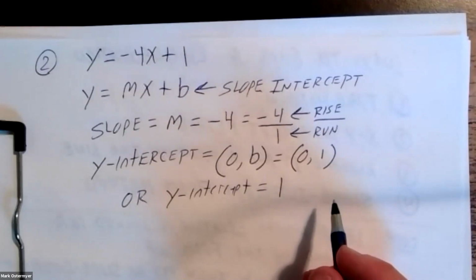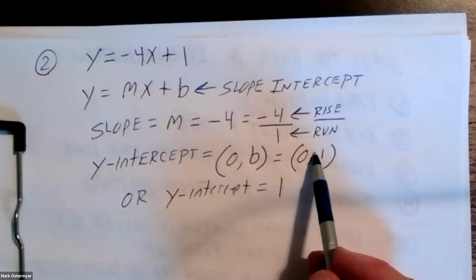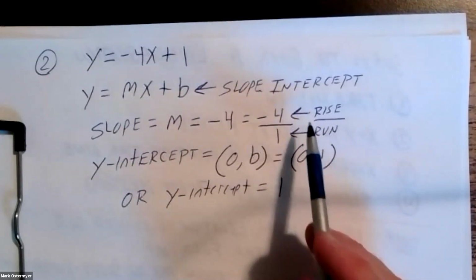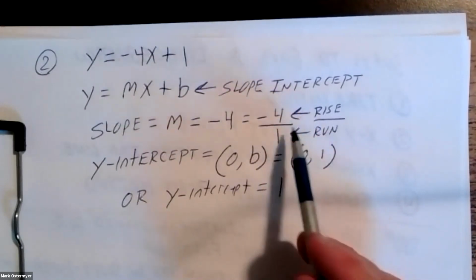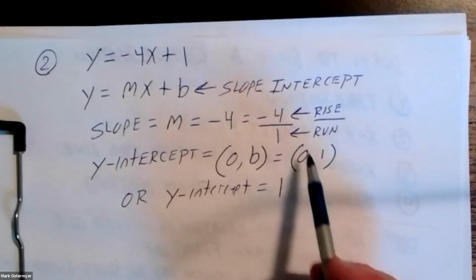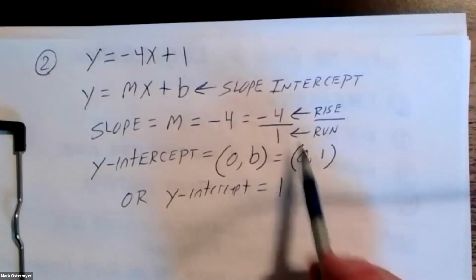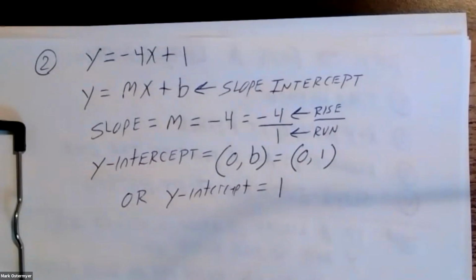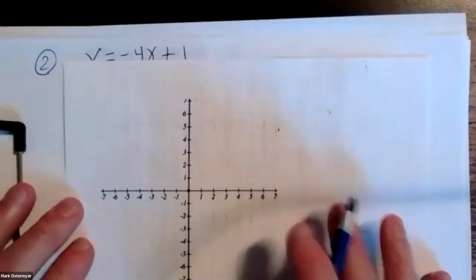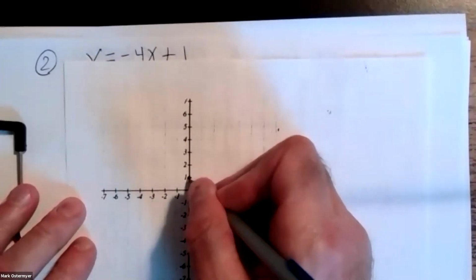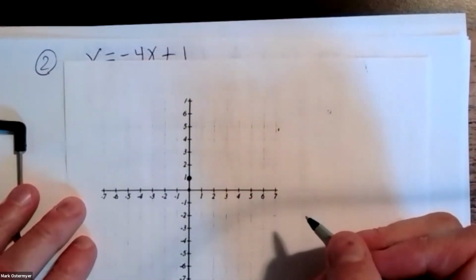Okay, I have a question for you. Knowing the y-intercept and knowing the slope, is that enough information to graph this linear equation? Yeah, that's all we need. We know (0, 1) is the y-intercept, so we know the line must contain this point, right there.